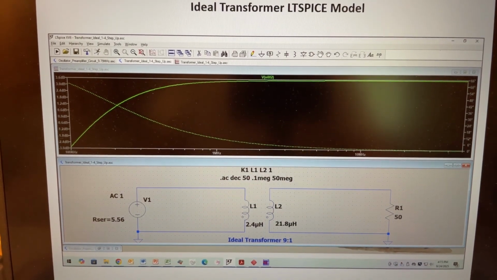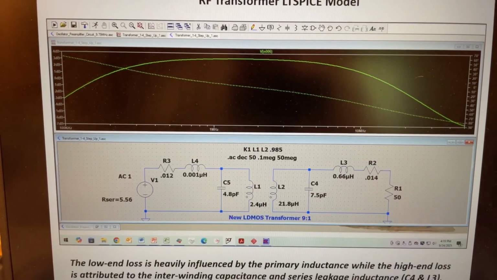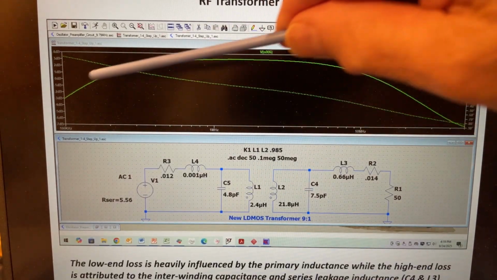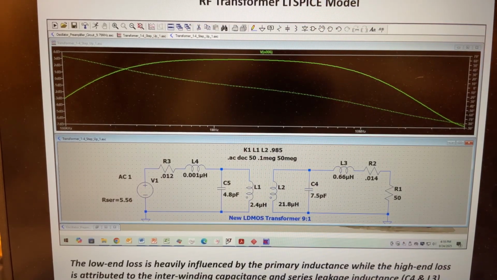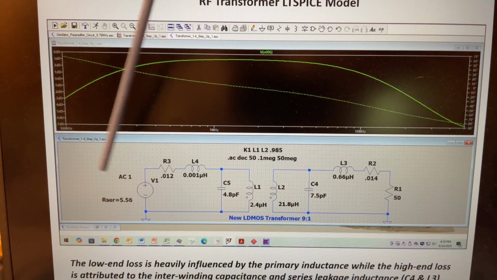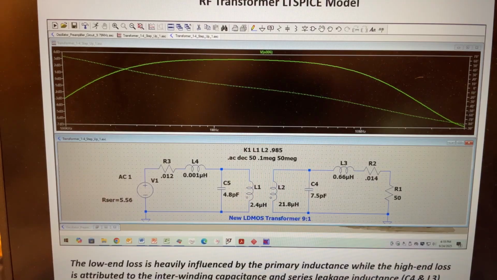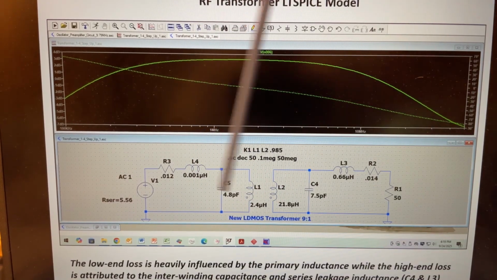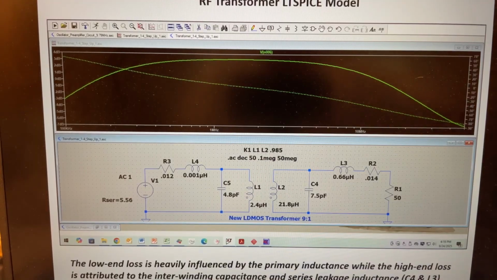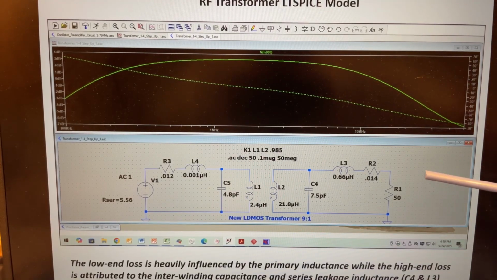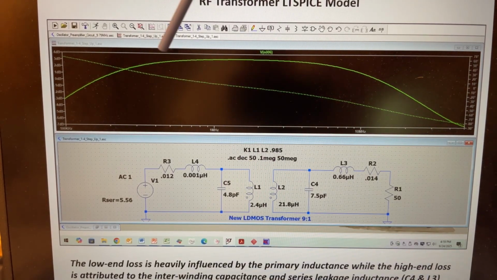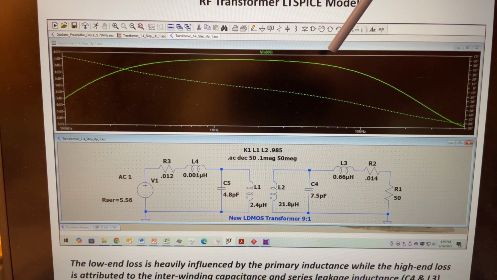But what happens when we model in all those parasitics? Well, you can see the response changes dramatically. We have the resistance of the primary and secondary coils, and then we have the leakage inductance, we have the parasitic capacitances. So for a practical transformer, you can see that there's a roll-off after about 10 megahertz or so.